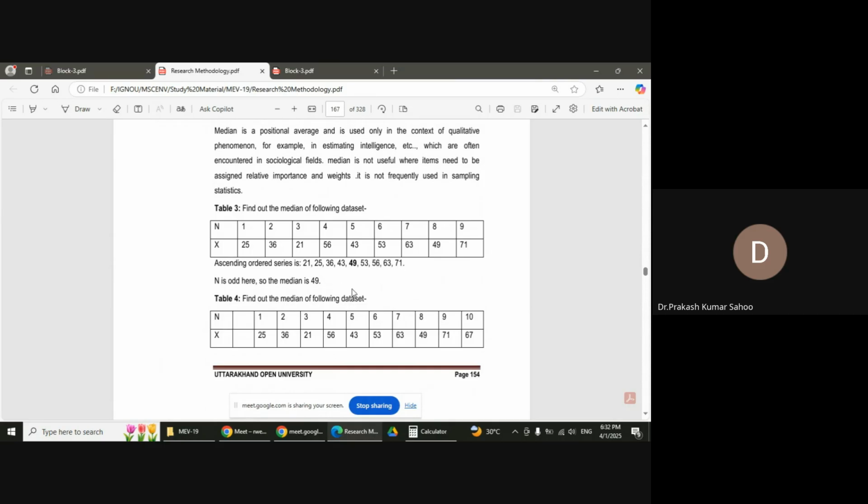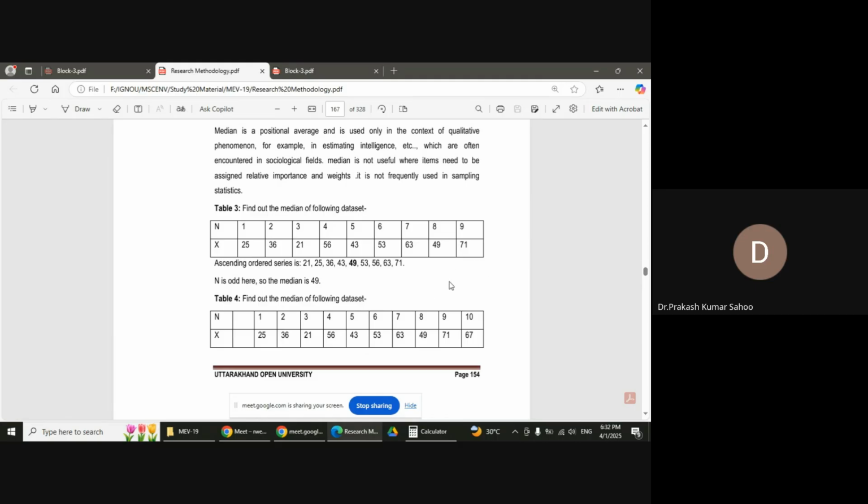Out of these, the fifth term, that is 49, will be the median of this sequence. If it is odd, it is n plus 1 by 2 to find out which term is the median.